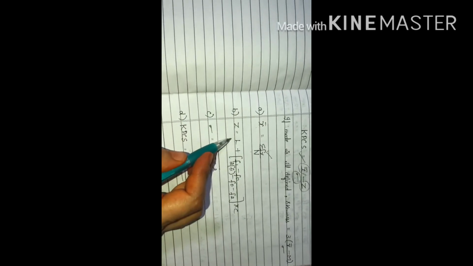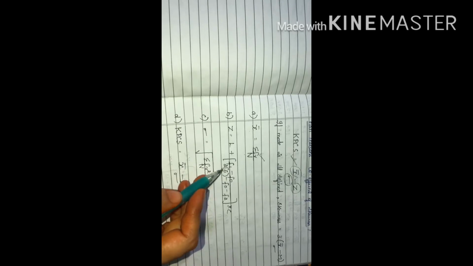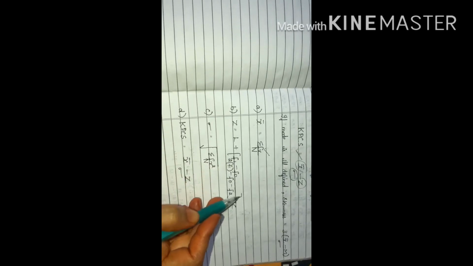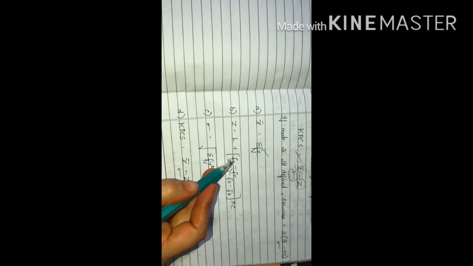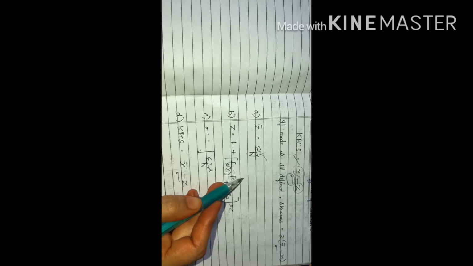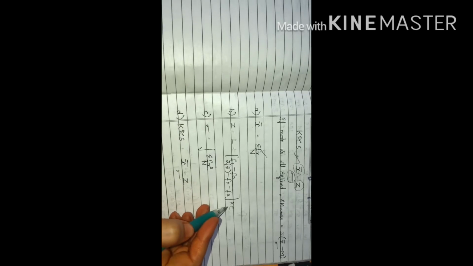Next, mode is L plus (f1 minus f0) divided by (2 f1 minus f0 minus f2) into c. Here L is the lower limit of the modal class interval, f1 is the highest frequency, f0 is the frequency preceding the highest frequency, f2 is the frequency succeeding the highest frequency, and c is the width of the class interval.